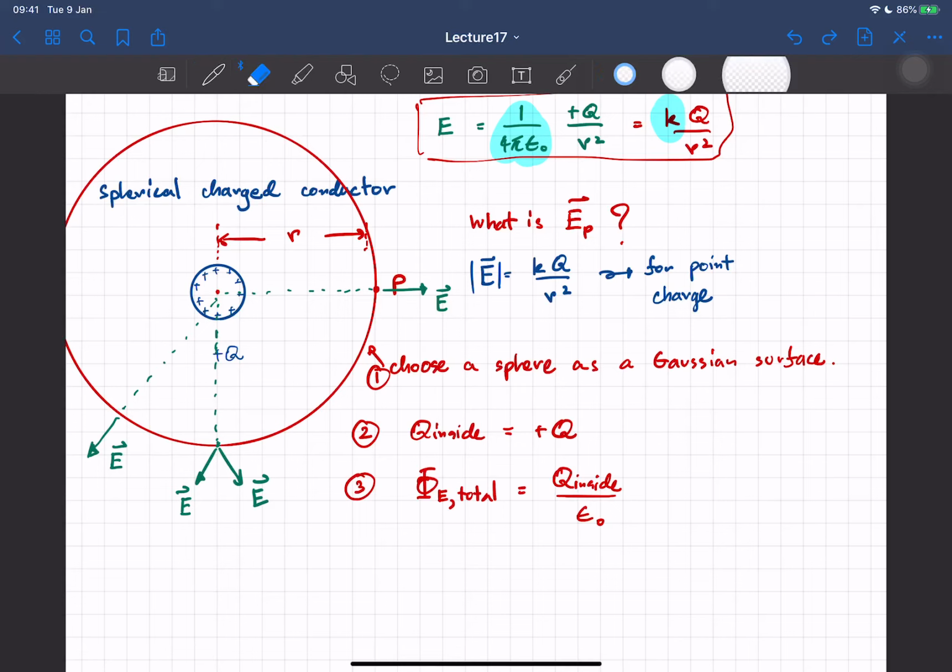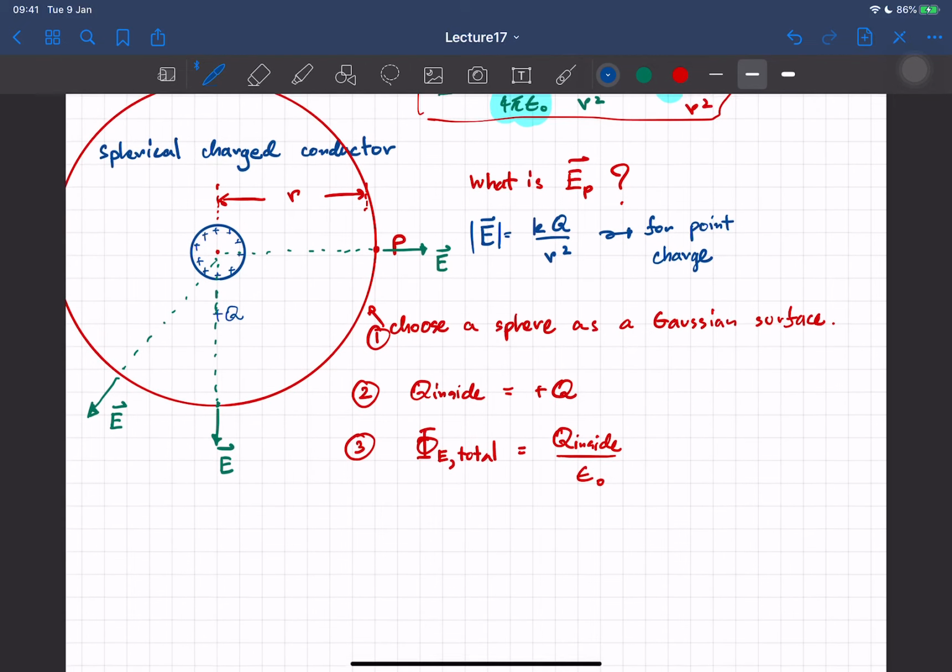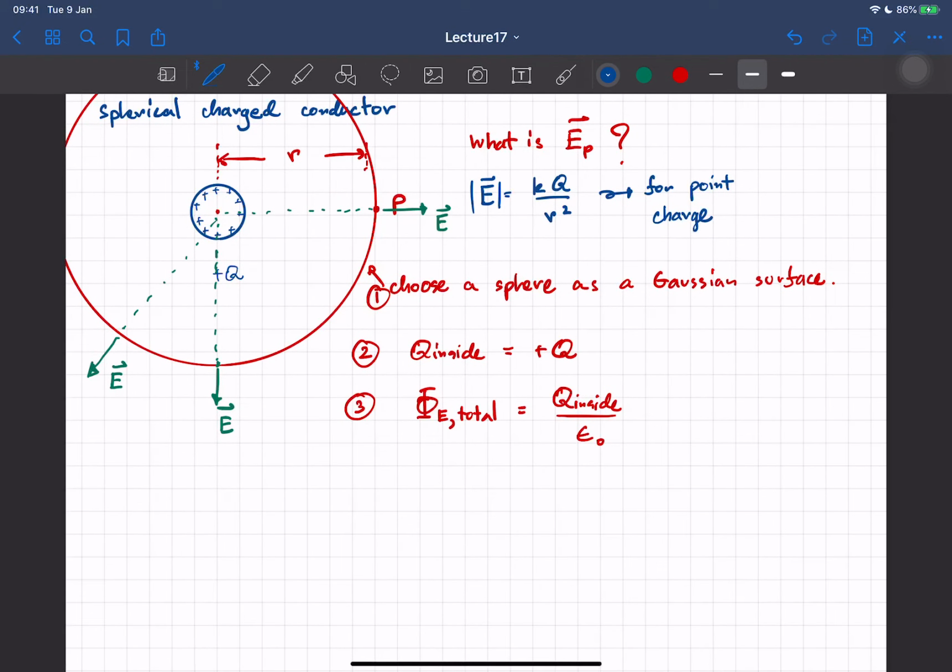And the only way it can do that is for the electric field to point radially outward. So that's why at every point on the surface, the electric field must point radially outward from the center of the sphere, like this. Okay, so the electric flux, again, is just E dot A, electric field times the area.